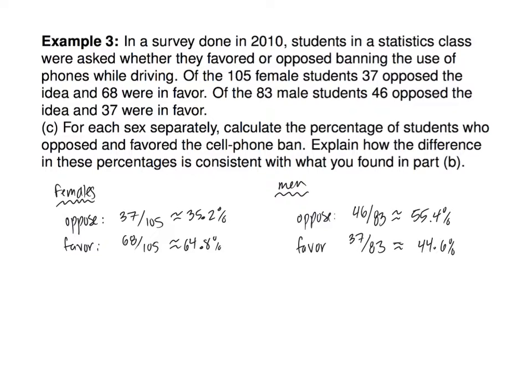So explain how the difference in these percentages is consistent with what you found in part A. I'll say you can see that females are about 20% more in favor of the ban.